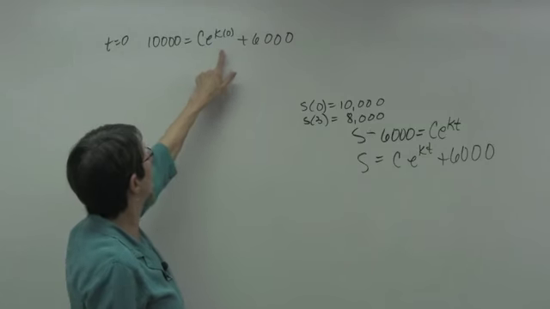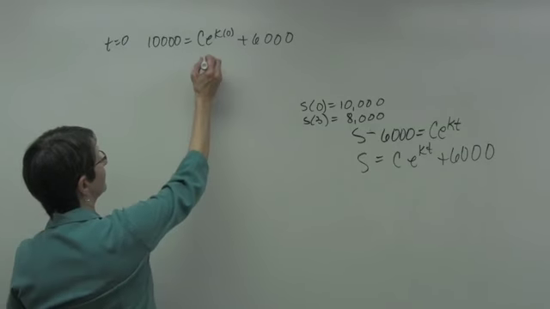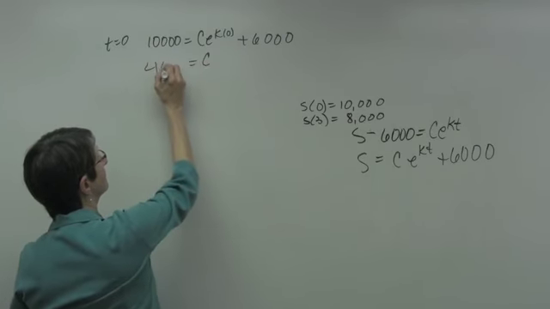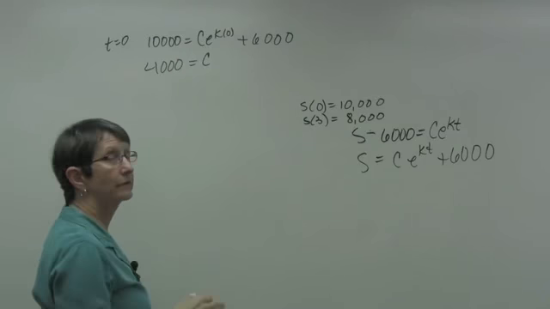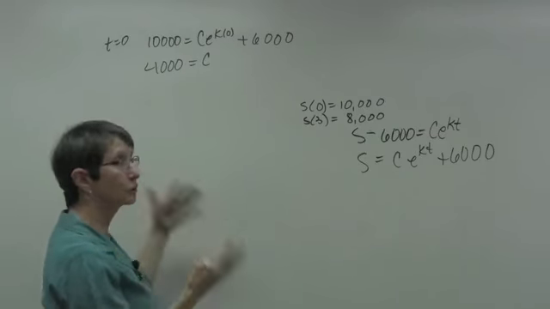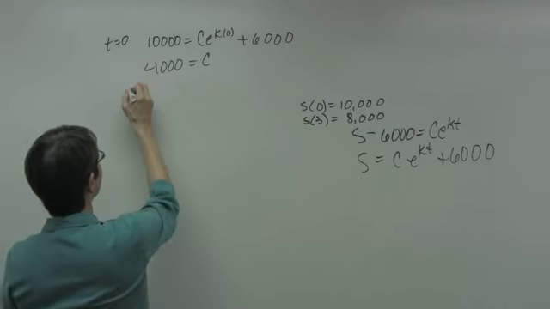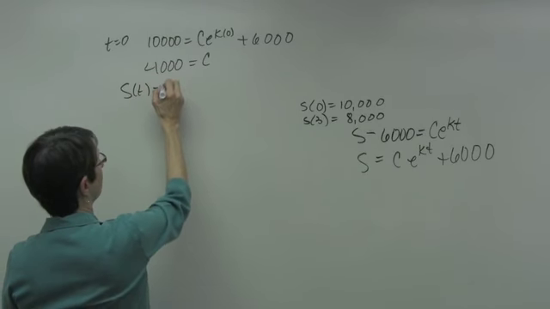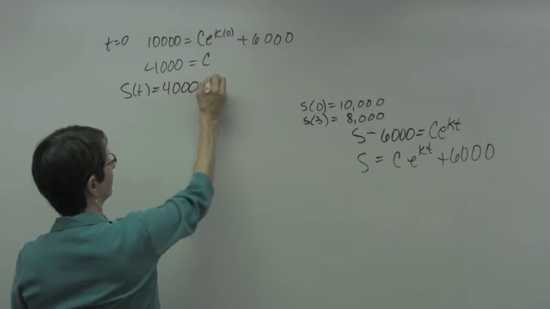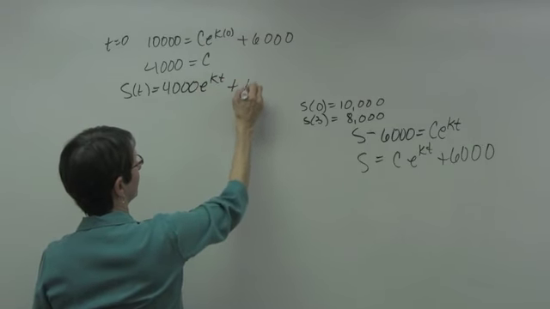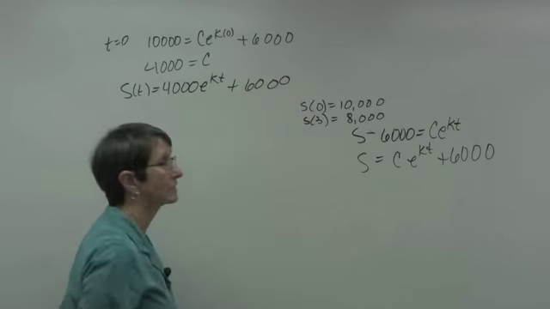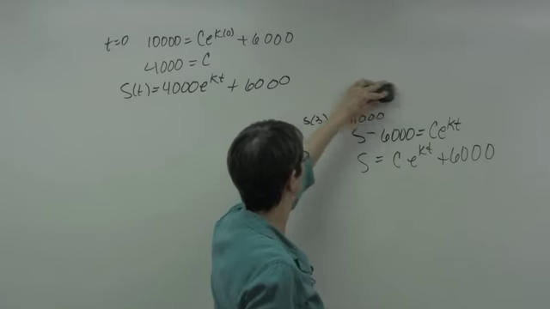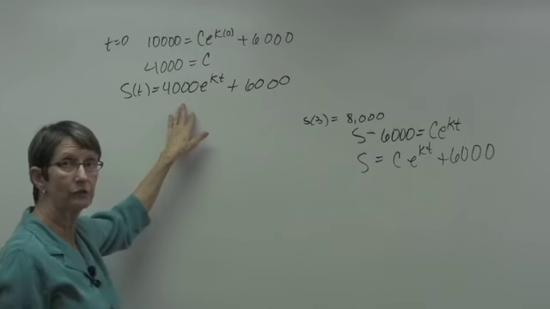K times 0 is 0, e to the 0 is 1, C is equal to 4,000. So my solution at this point is S of t equal to 4,000 e to the kt plus 6,000. So I've used my first condition and have a value for C.